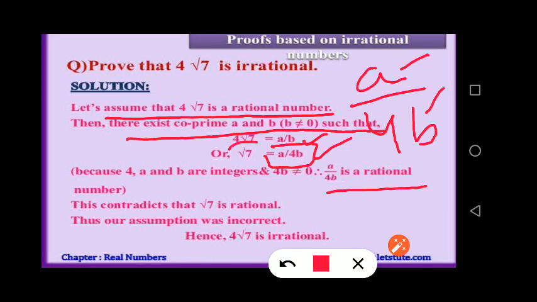But already we know that root 7 is an irrational number. So we cannot say that an irrational number is equal to a rational number. So it contradicts our fact that root 7 is an irrational number. Hence, 4 root 7 is an irrational number.